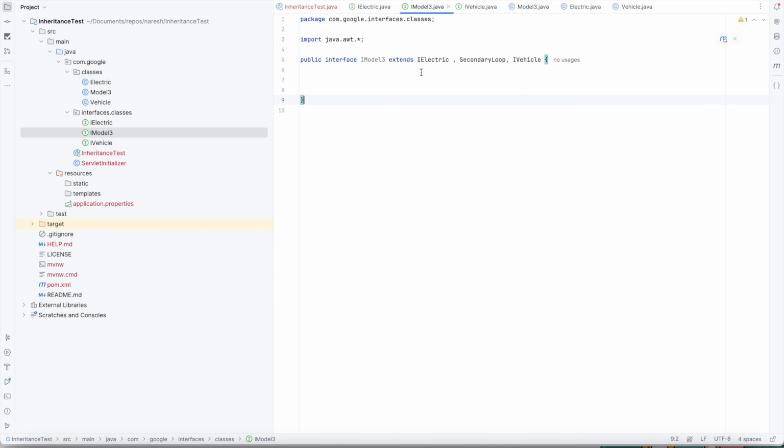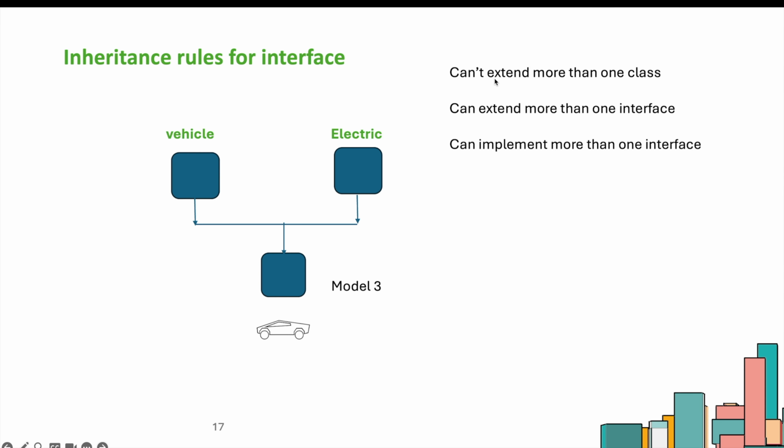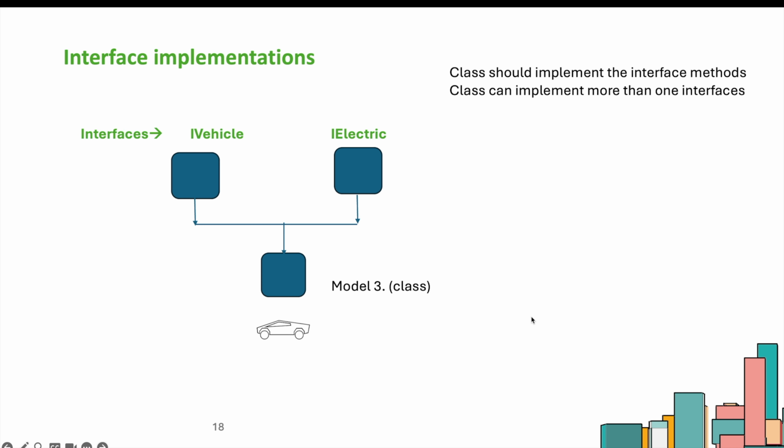See, model 3 extends I electric, the secondary interface, and I vehicle. So the rule only applies to classes. Classes cannot extend more than one class, but interfaces can extend more than one interface in Java. In Java, classes implement the interfaces. If you define interfaces, we should provide the implementation in the class.